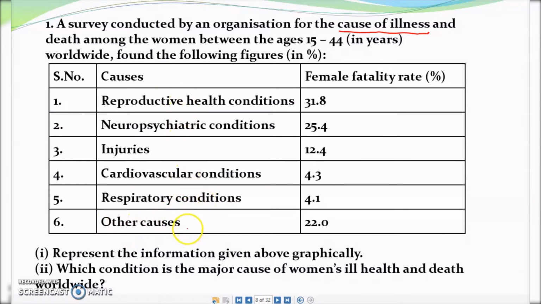So these are the categories, and these are the percentages that they have observed. So 31.8% was of reproductive health conditions, 25.4% due to neuropsychiatric conditions, and so on. Represent the information given graphically, and say which condition is the major cause.